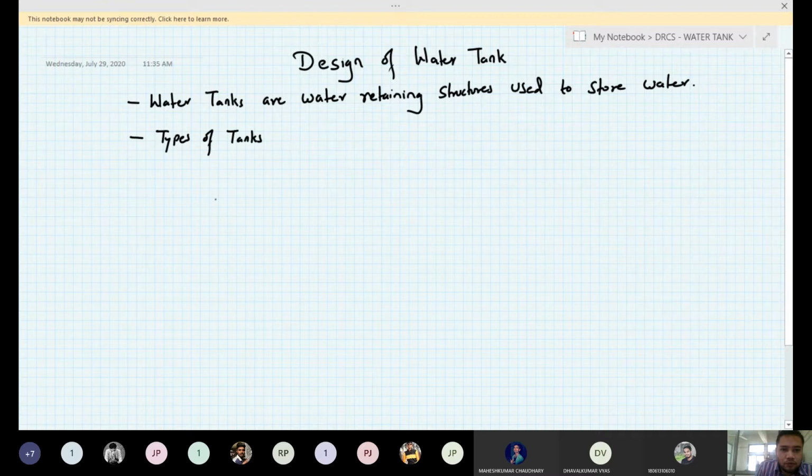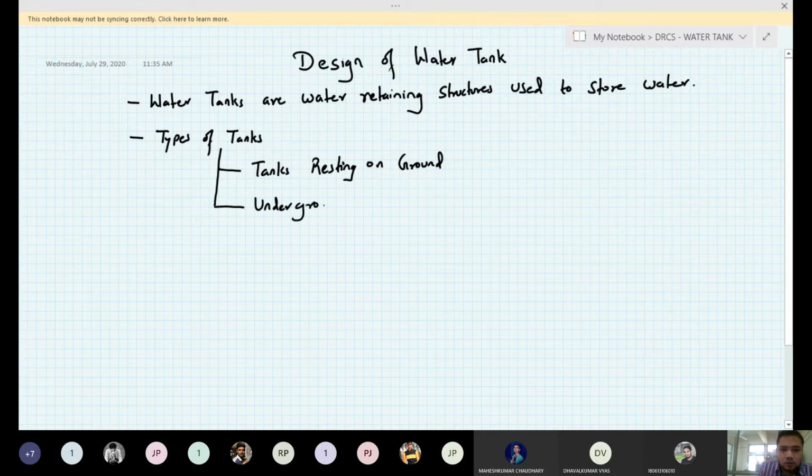Okay, we'll be talking about tanks resting on ground, underground tanks, and elevated tanks.